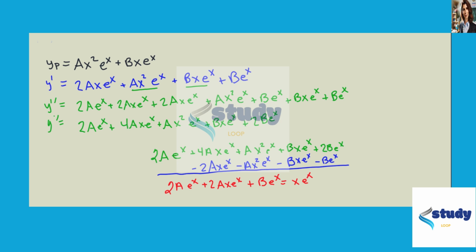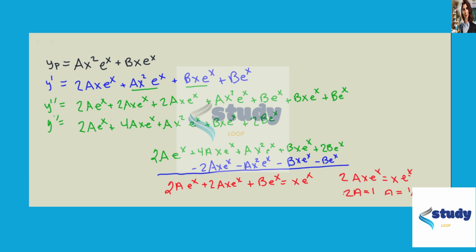So that means 2ax e to the x equals x e to the x. Therefore, 2a equals 1. A equals 1/2.